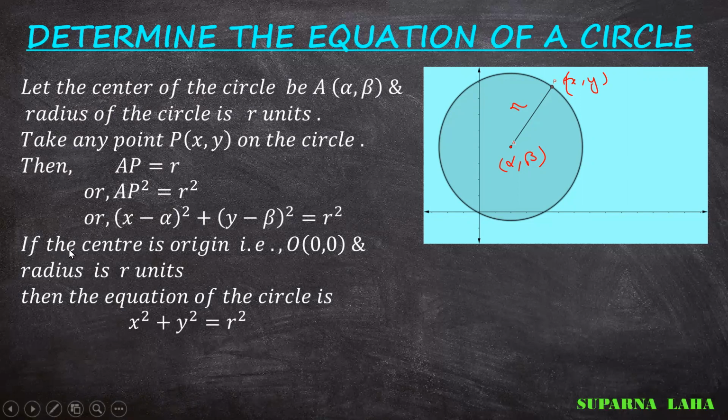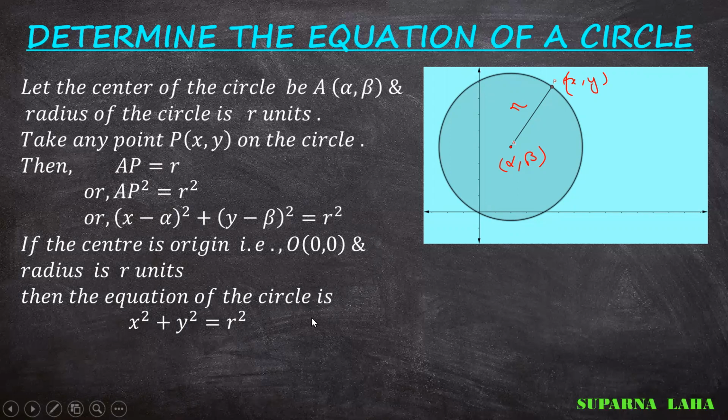Okay, so this is the standard form of the circle where the center is alpha comma beta and the radius is R, and this is the standard form of the circle where the center is 0 comma 0 and the radius is R. Okay, so anywhere you find this kind of equation, that will represent a circle.